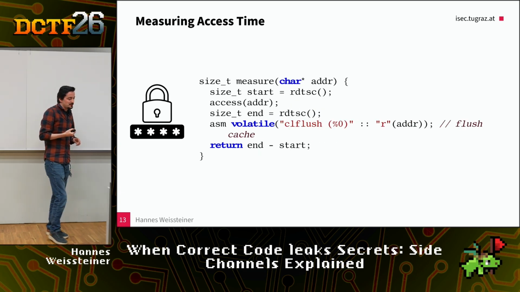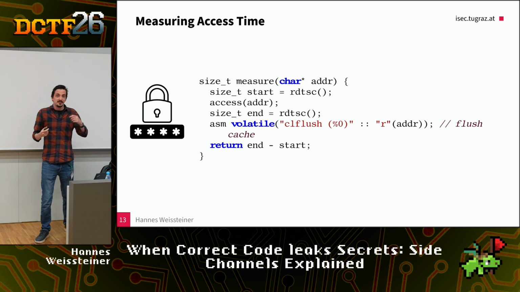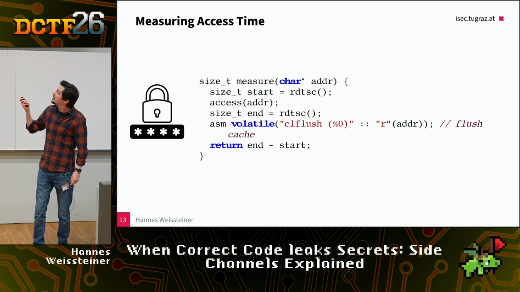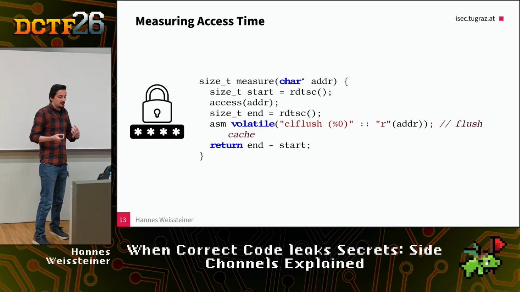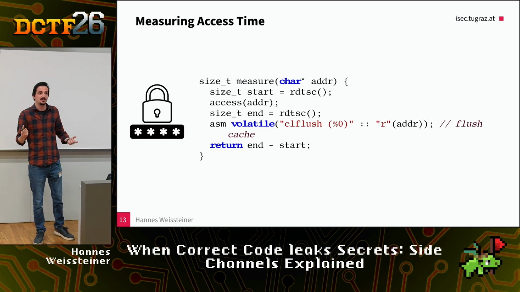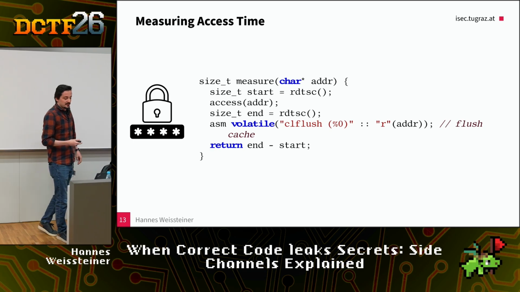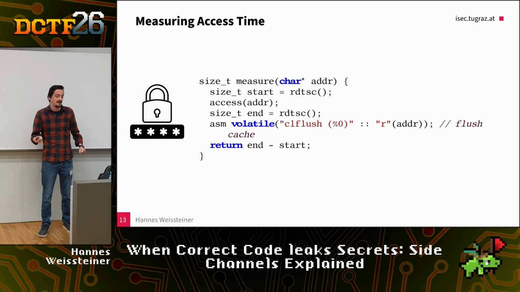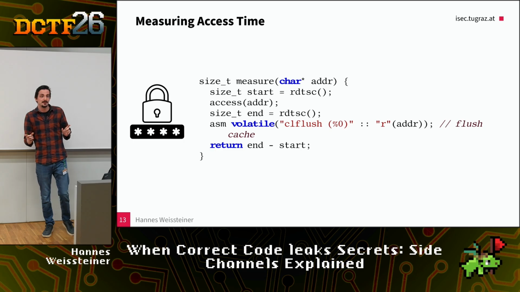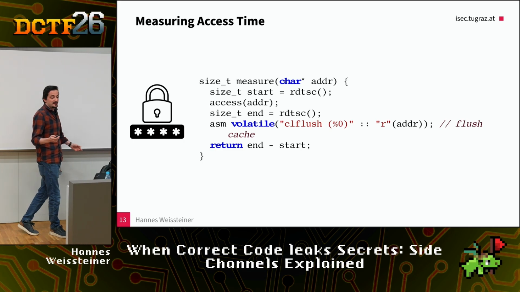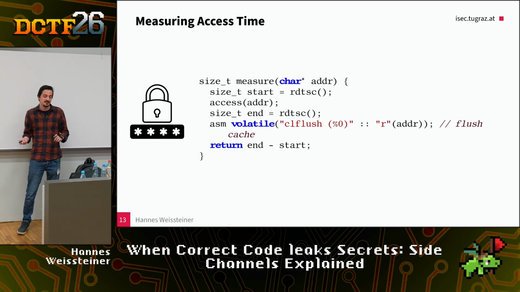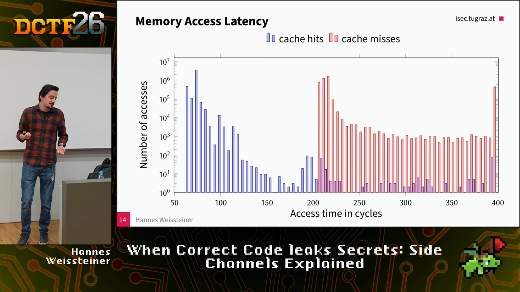And what we can now do is we just start a measurement. We get the starting timestamp. We access some address, and we get a second timestamp. We calculate the difference. Then we flush the cache line. The difference between the timestamps is then how long it took to load this data. And if we measure this for cache hits and cache misses, we get these nice histograms.